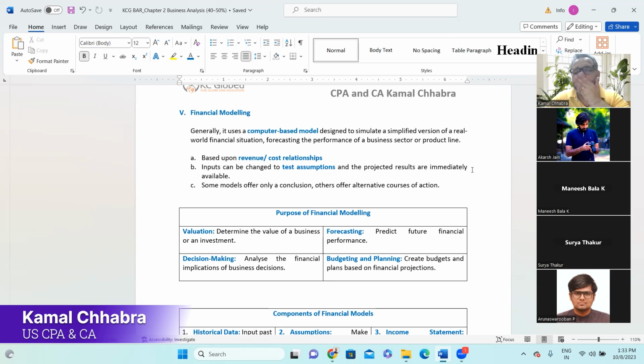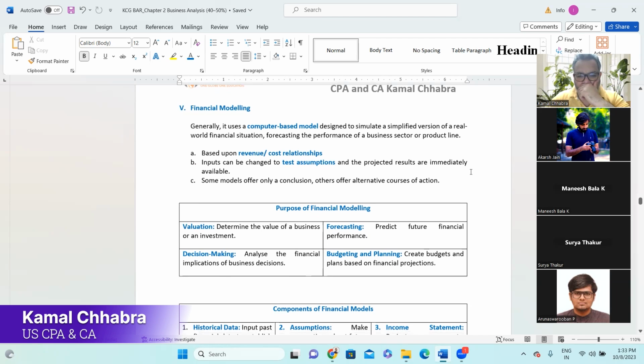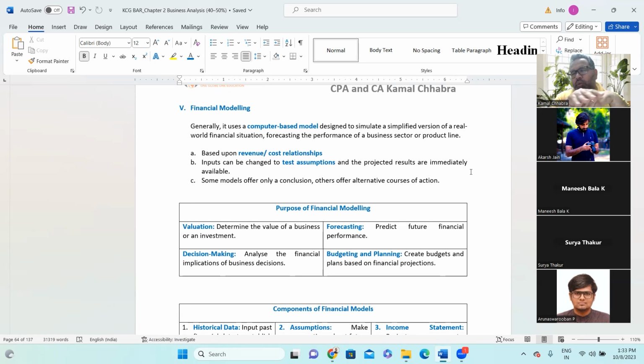Sir, financial modeling, basically what I know is it is related to companies' finances, which can be budgeting and forecasting, actuals, analyzing all those using computer techniques and data models. Yeah, so when a company needs to take a decision, they use financial modeling technique, right?